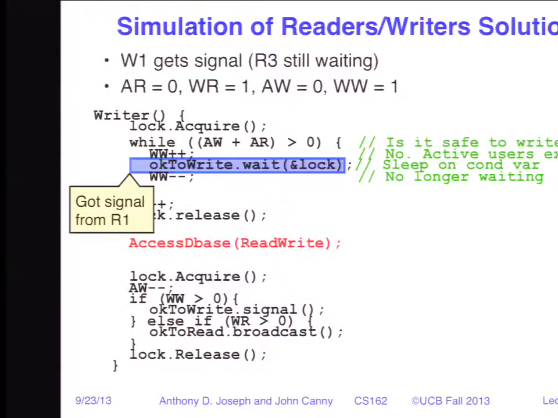So it now is ready to be scheduled by the CPU. But there may be many other threads, so it may take a while before we finally get scheduled. Meanwhile, other readers may be coming through and trying to manipulate the state variables, so they're going to be grabbing the same lock that we're contesting for. So when we eventually get scheduled, we may find the lock is busy, and so we have to wait. But eventually, we're going to get the lock, and then we're going to be allowed to proceed.